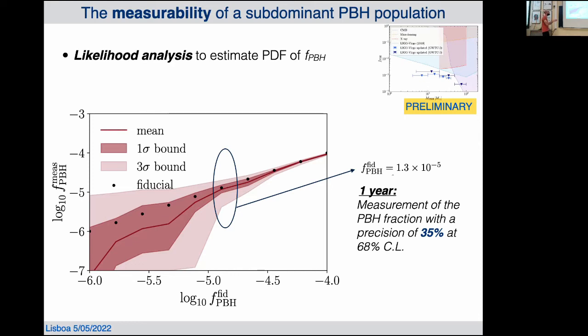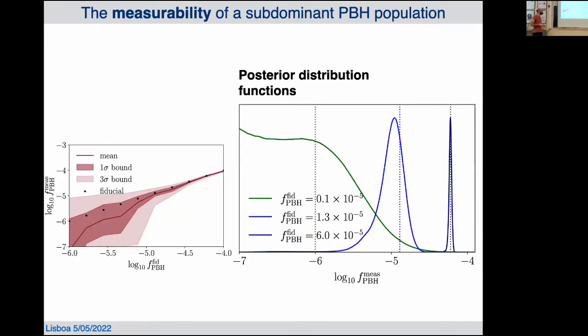With already 1 year of data taking of Einstein telescope, you can measure the dark matter fraction of primordial black holes with 35% precision at 1 sigma, and then it gets even better. So we demonstrated Einstein telescope is really extremely sensitive, extremely powerful in this kind of exercise.